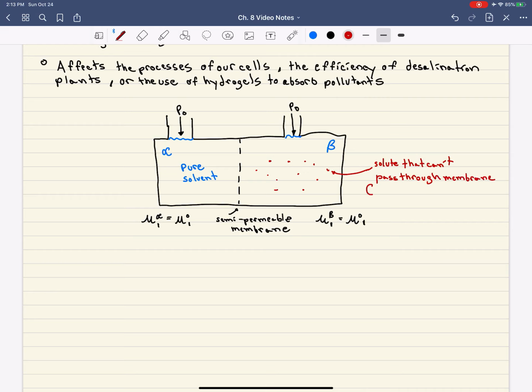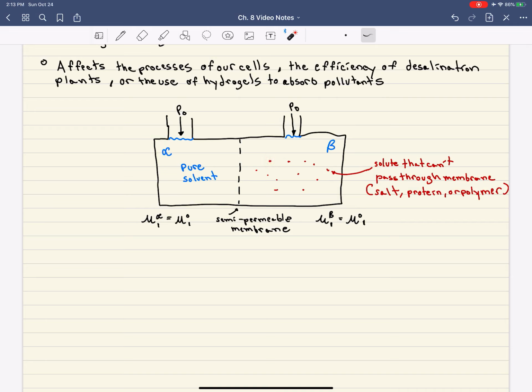Some examples that you could think of would be some type of salt, or a bigger molecule like a protein, or even a polymer chain. In any case, it's something that can't pass through this membrane. The membrane has holes, and the solute is bigger than those holes, so it just can't fit through.